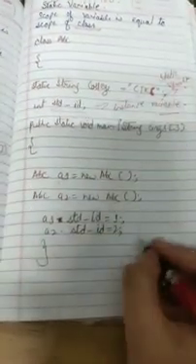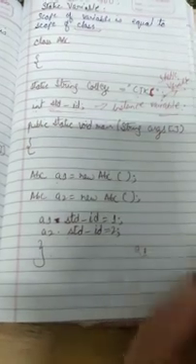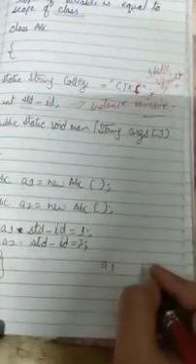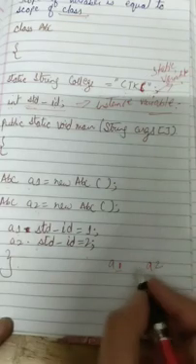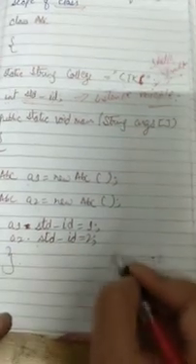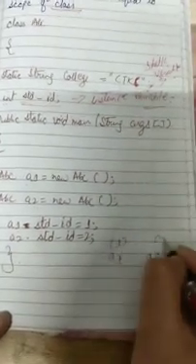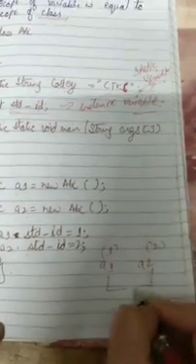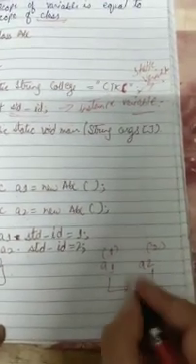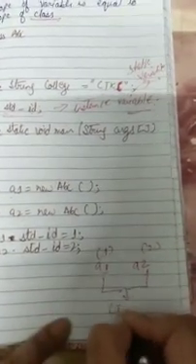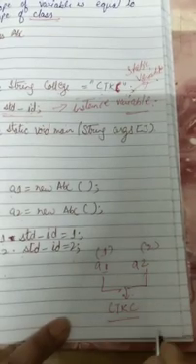A1 and A2 might have different IDs. It can be 1, it can be 2. But the school name or institute name is the same for both. So, the scope is equal to the scope of the class.